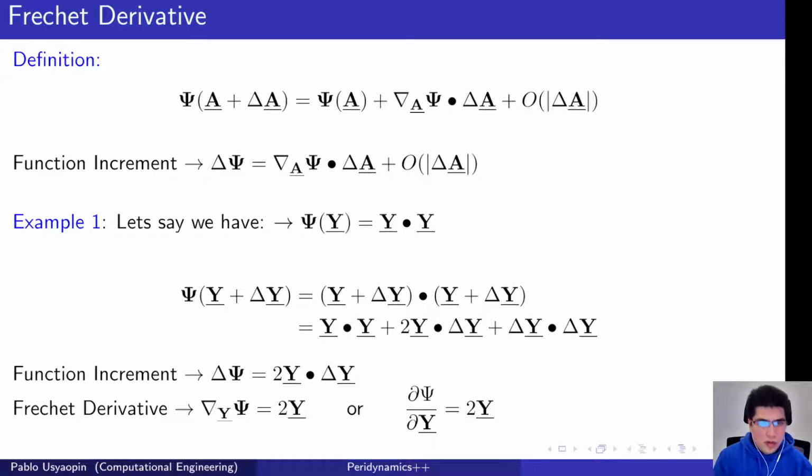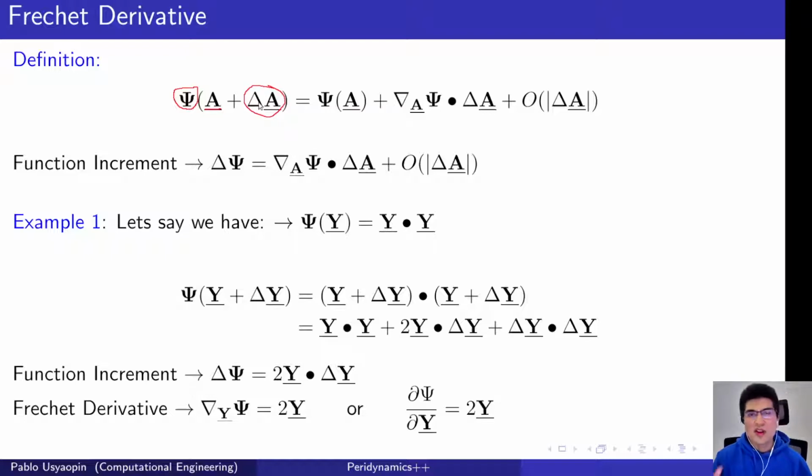Okay. So imagine you have a function psi, which is dependent on a vector state quantity called A. And then you would like to understand how much this function would change by making modifications to its internal parameters, in this case A. This can be mathematically represented by adding to this vector state A an increment, which is defined with this symbol here, delta.